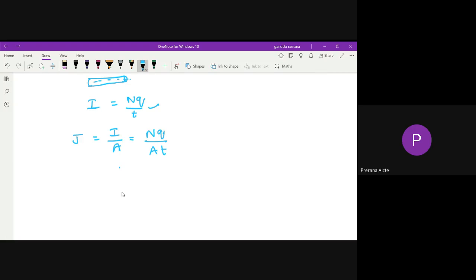We know very well vd is equal to L by T, so T is equal to L by vd. Substitute that.